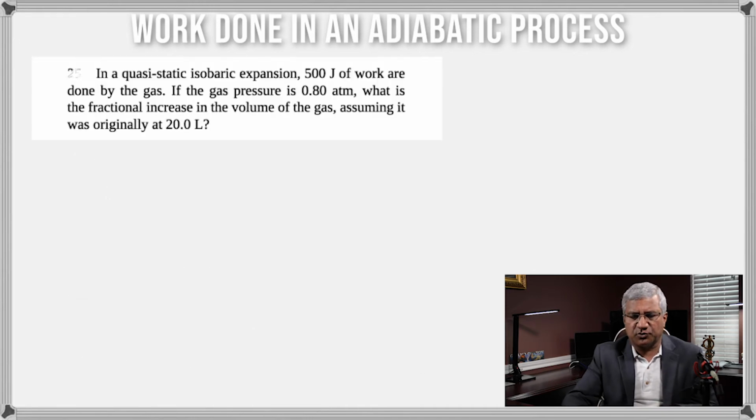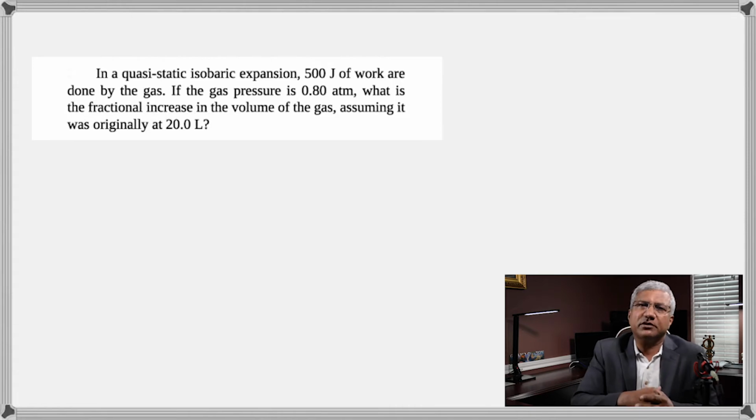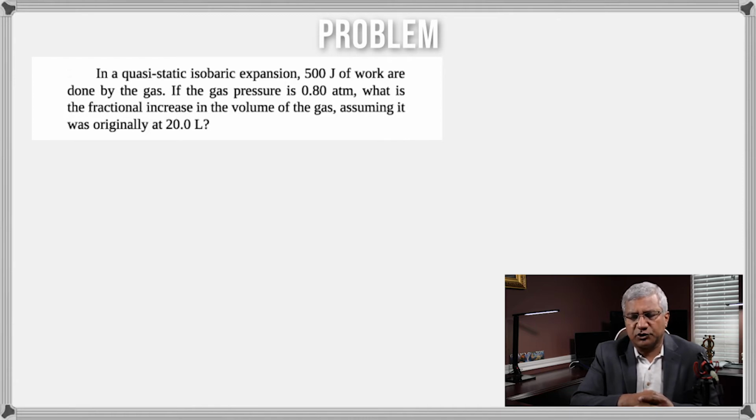So here is the first one. It says, in a quasi-static isobaric process, so that's isobaric, means pressure is constant, 500 joules of work are done by the gas. If the gas pressure is 0.80 atm, what is the fractional increase in the volume of the gas, assuming it was originally at 20.0 liters?